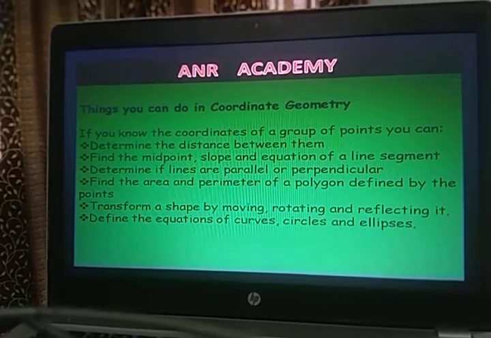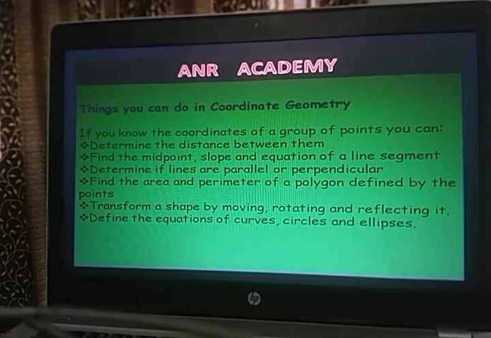If you know the coordinates of a group of points, you can determine the distance between them. You need to learn coordinate geometry in order to determine the distance between 2 points.